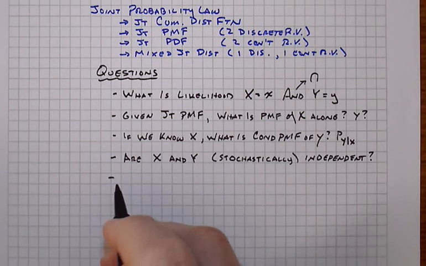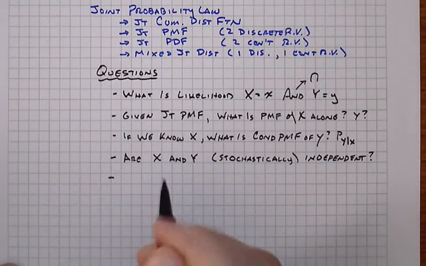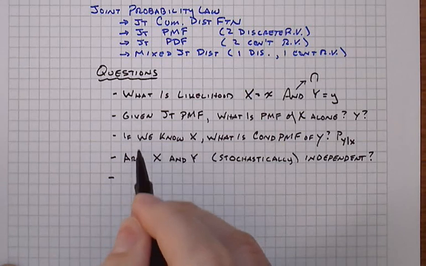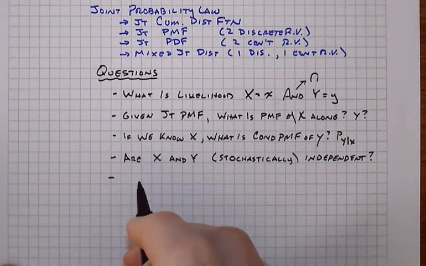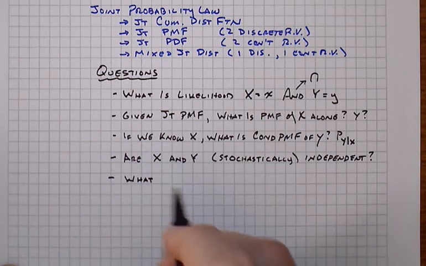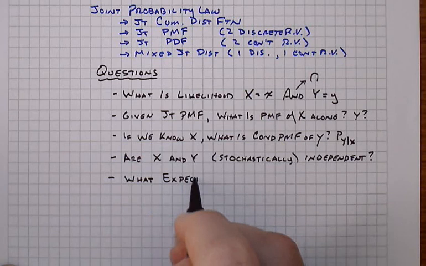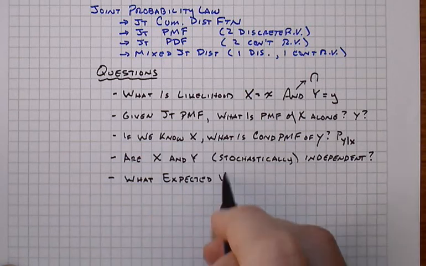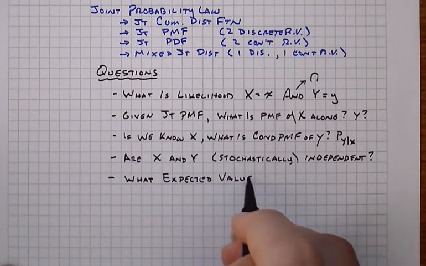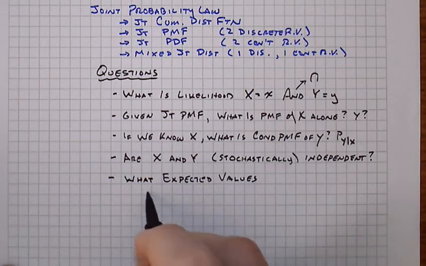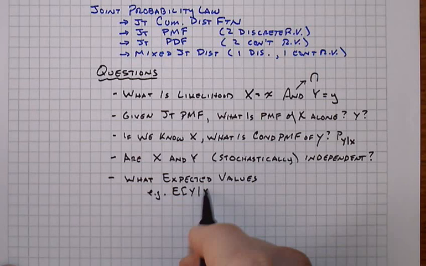And then we also get to not just these big picture probability modeling questions, but go into statistical measures, and we ask, what are the expected values? How do those work in this joint world? So, for instance, just the expected value of, say, y given x, how does that work?